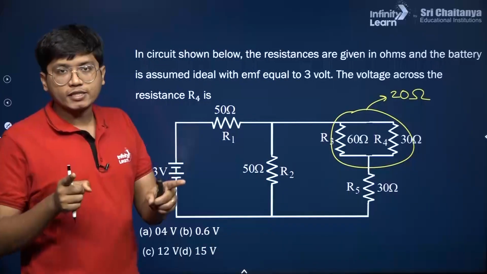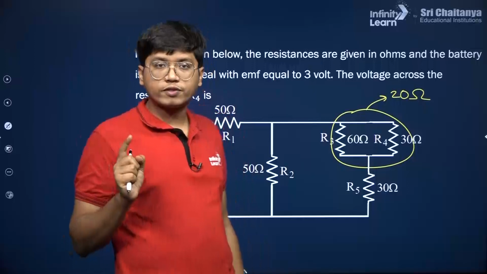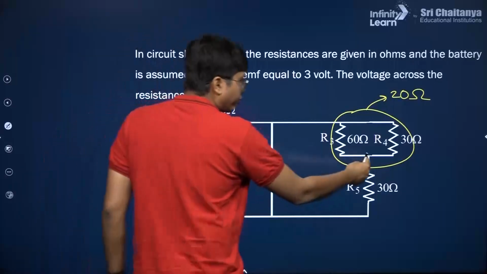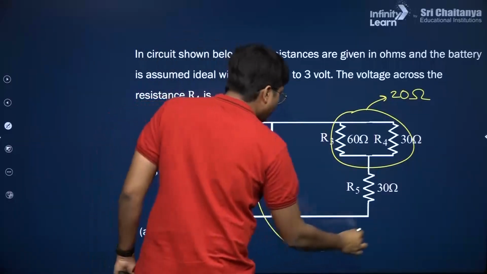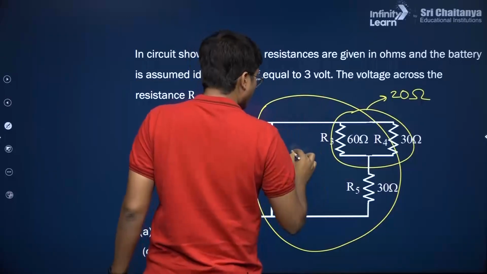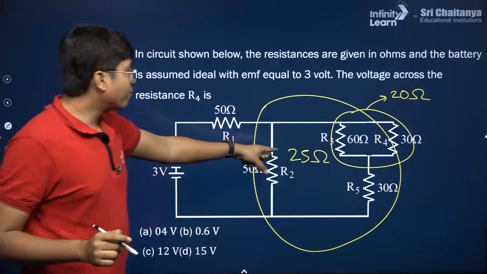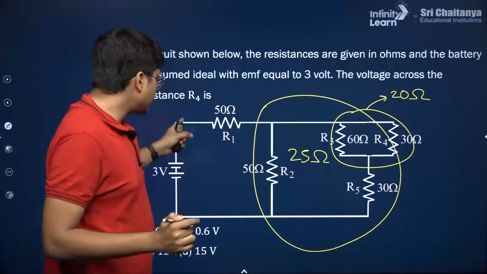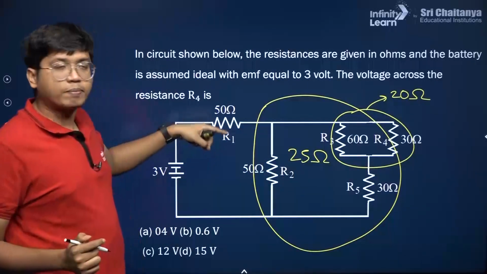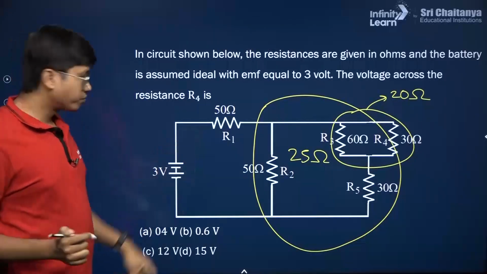We know two equal resistances in parallel means their equivalent is half the resistance, so the equivalent of this part is 25 ohm. 25 ohm in series with this means the equivalent resistance of this entire part is 75 ohm.